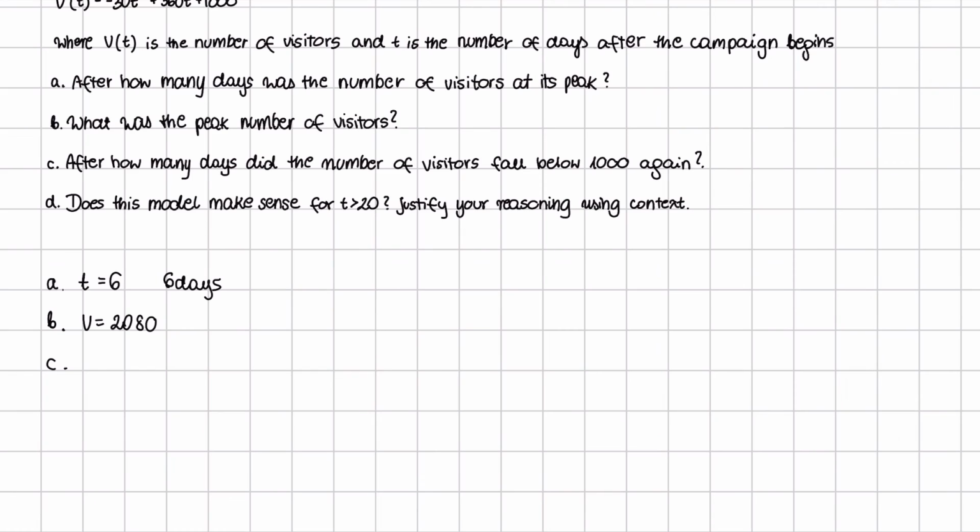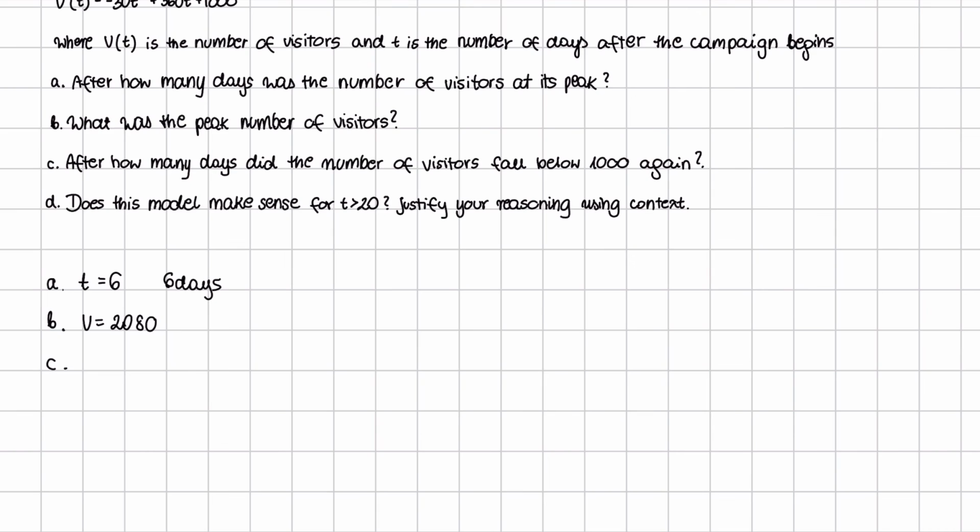C, after how many days did the number of visitors fall below 1000 again? So here we also use our graph, and we have to click G-Solve, then x-calculate, because we are looking for days, because this is a question about after how many days.